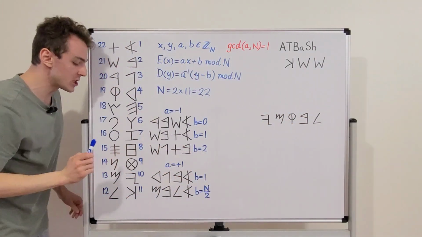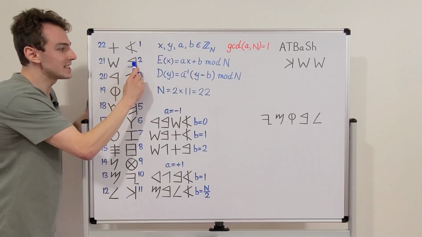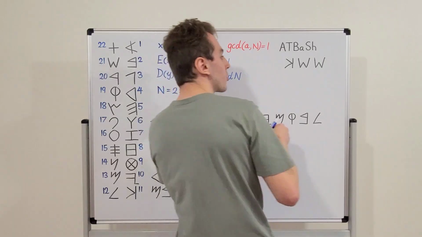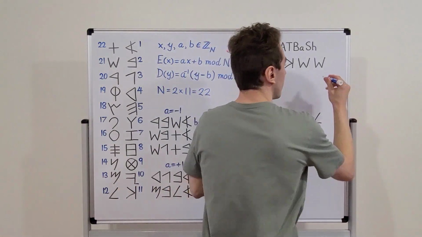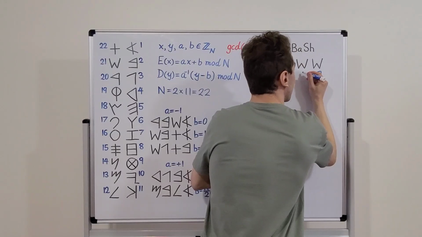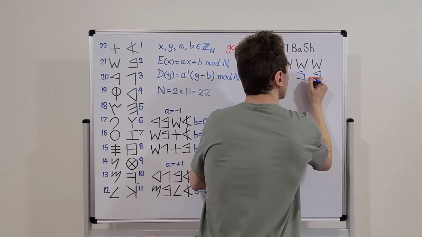So first, let's have a look at shin. So shin is over here. It is 21. Shin is paired with bet. So we can change this over here, and we can call this bet. So we have shin goes to bet. And this is also shin, and this goes to bet.